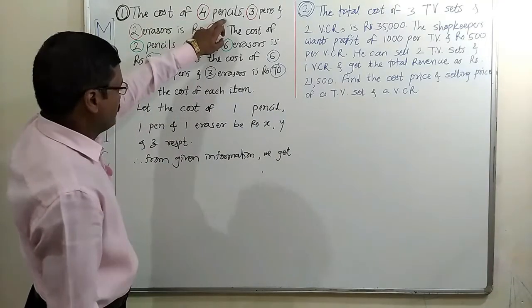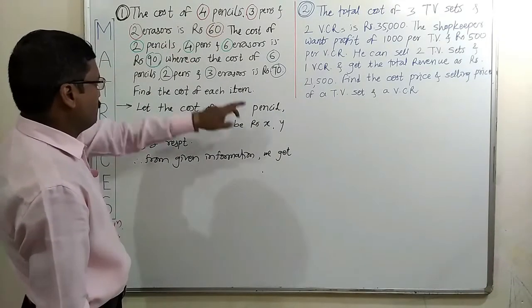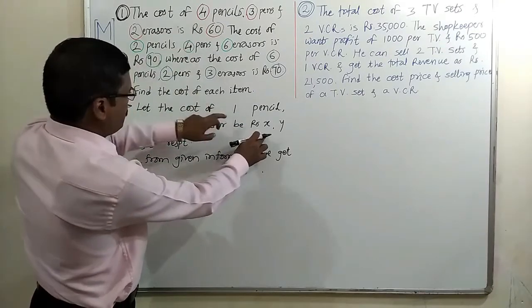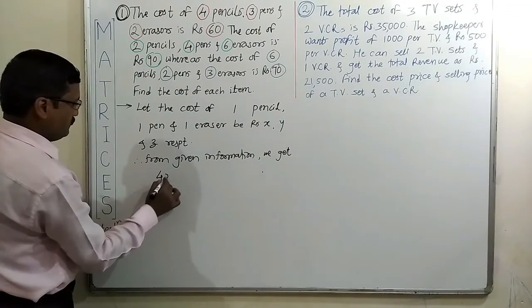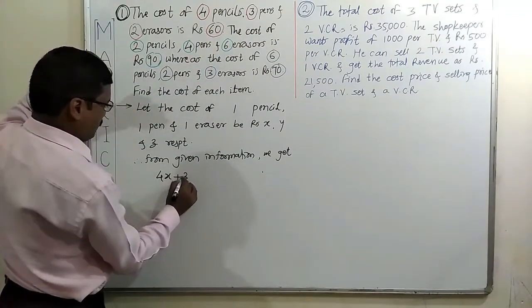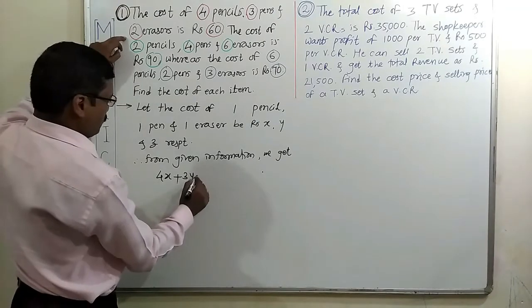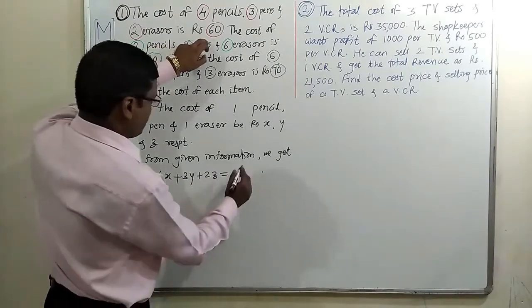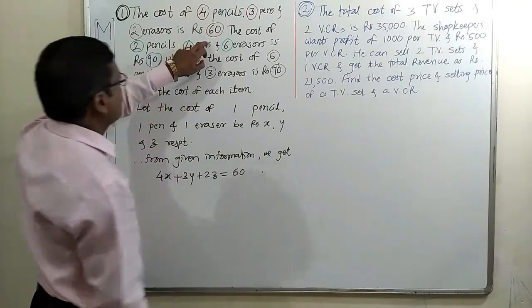4 pencils. The cost of one pencil is rupees X, so cost of 4 pencils will be 4x. Similarly, 3 pens cost is 3y and 2 erasers cost is 2z, and the total cost will be 60 from given information.